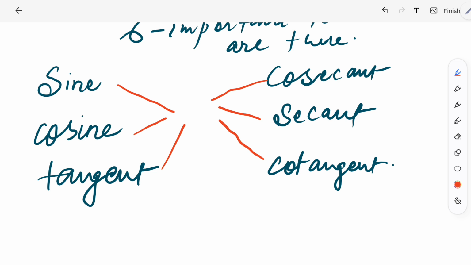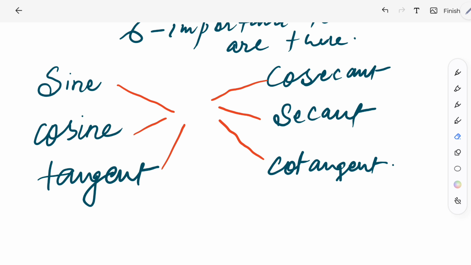Suppose you have read the chapter on ratios in sixth, seventh, or eighth standard. That is 2:3, that is 2/3. 5:4, that is 5/4. So this is all about ratios. Here we will study the ratios of the sides, ratio of the sides.